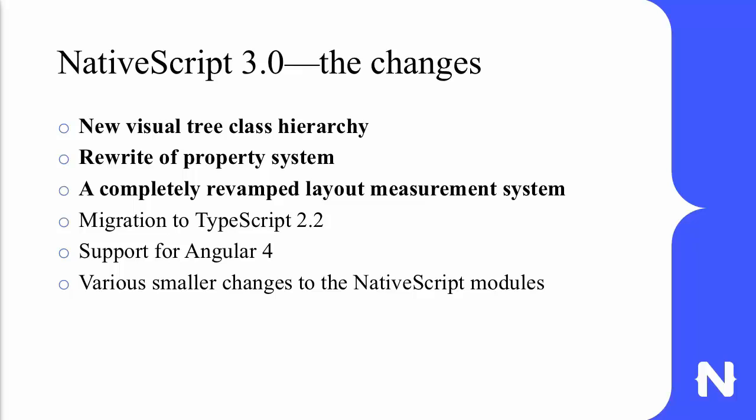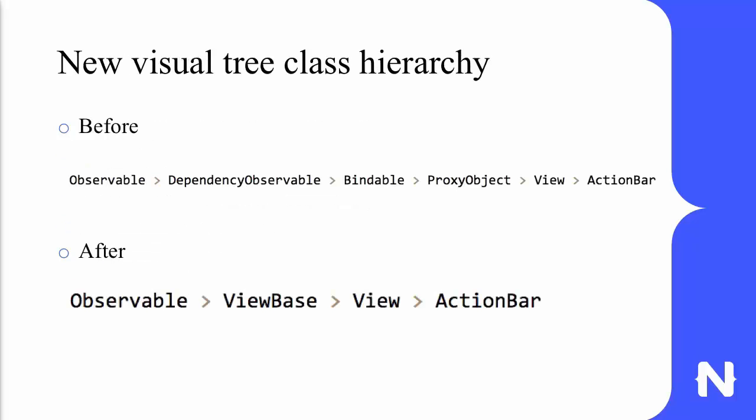The first item on this list is a new visual tree class hierarchy. You'll recall from my example earlier that each and every UI component has an underlying TypeScript class that contains all the logic and stuff needed to implement that control. What I didn't mention before is that each of these controls has a set of parent classes that it inherits some behavior from.